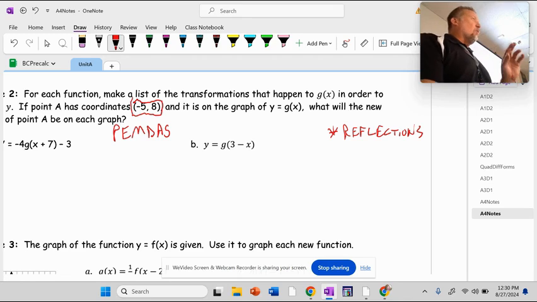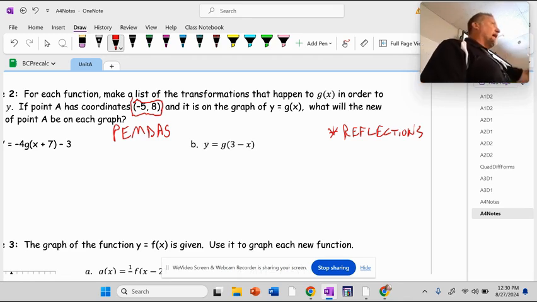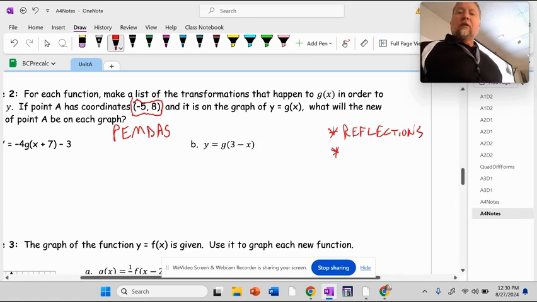Translations, even though they could be in parentheses, I think that's the AS of PEMDAS. You add and subtract at the end. So then dilations is a multiplier, so MD, you do those next, and then you do translations. This is really the order of things.